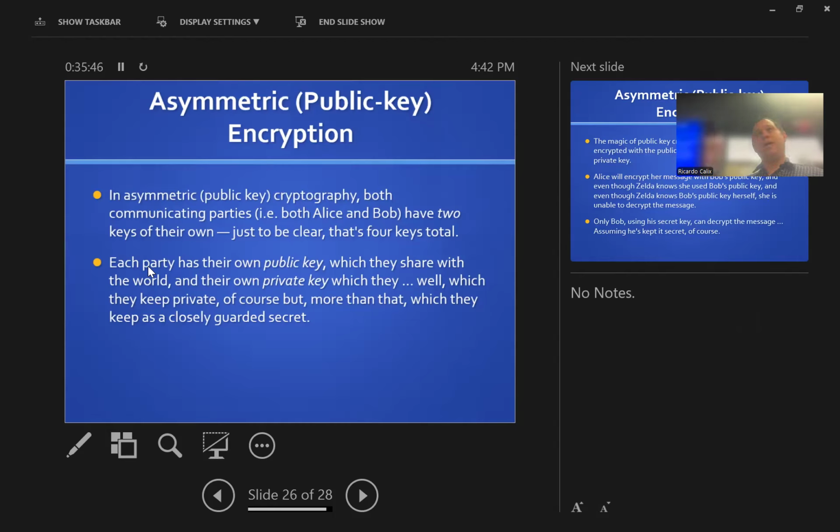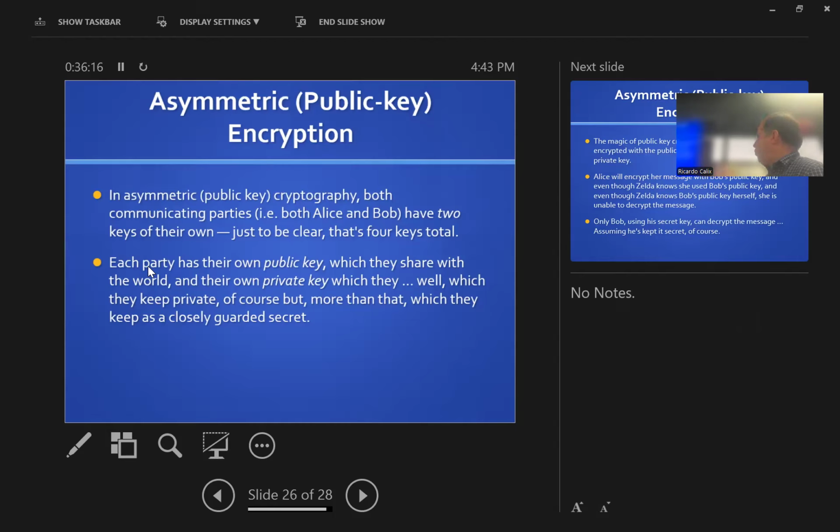Everyone can view it, access it, but you also have a matching private key, and that you should keep secret. You don't share that with anyone, and it's going to be in your computer or something. So each party has their own public key, which they share with the world, and their own private key, which they keep private.